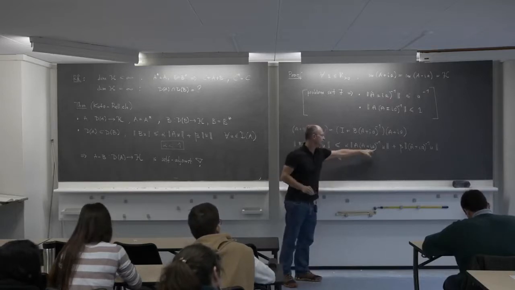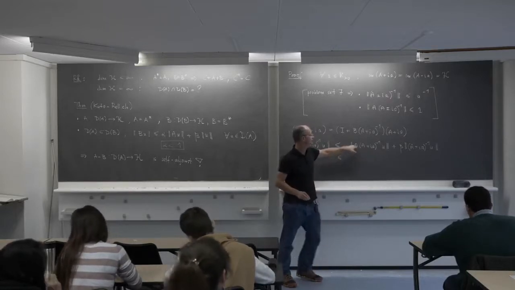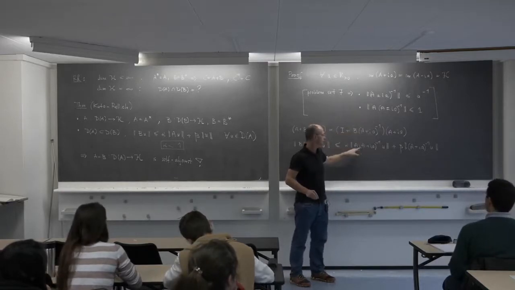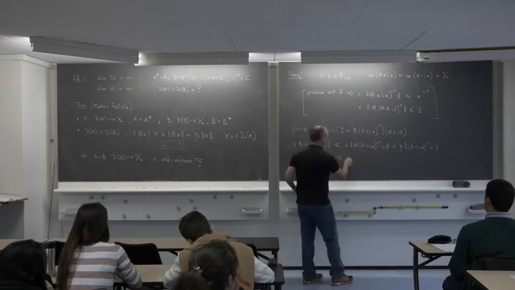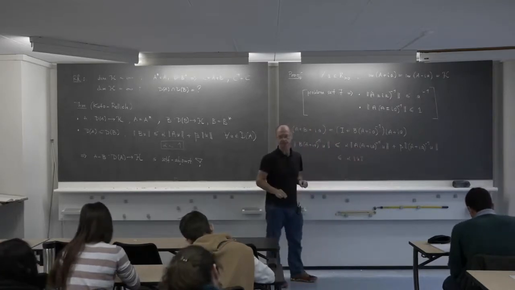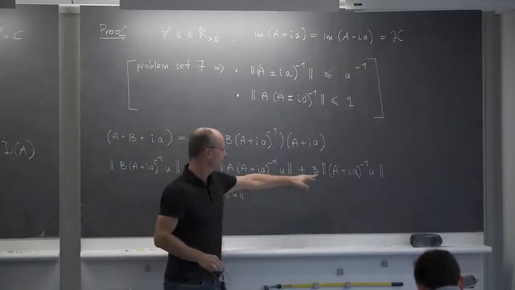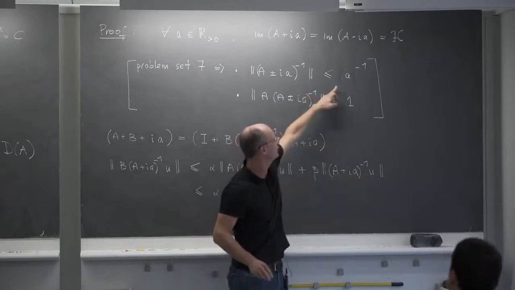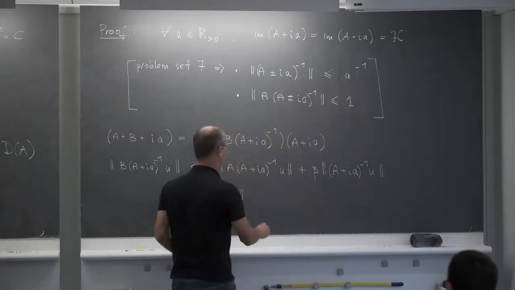Now this first operator we decided is bounded, and its norm is bounded by 1. So this expression I can estimate by alpha times the norm of u. This expression I can also estimate because this operator is also bounded, and its norm is bounded by 1 over A.